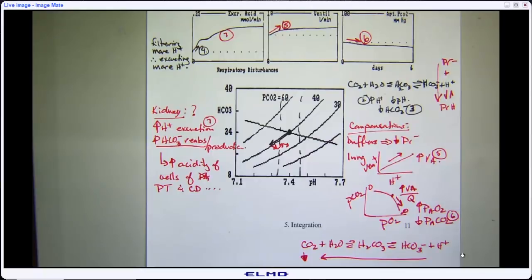Okay, so we're not going to have time to go over any other examples, but the other examples we've gone over already. So C was an example of altitude. Okay, so that's an example we've already done, so we're just going to re-go over that one. But we were going to add the kidney component.